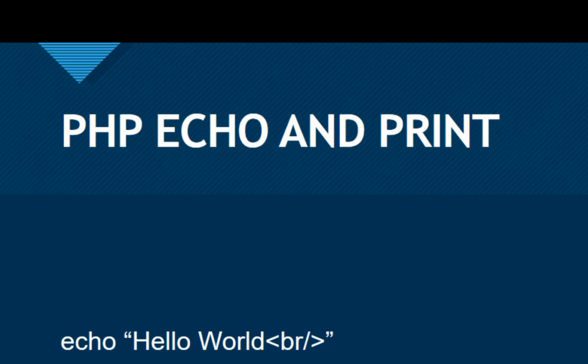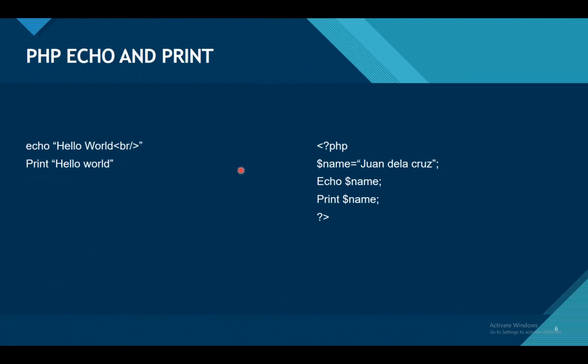Here we have the variable name, which is name, and the value is Juan de la Cruz. This echoes the variable name, which has a value of Juan de la Cruz, and this one also prints the variable name, which is Juan de la Cruz.